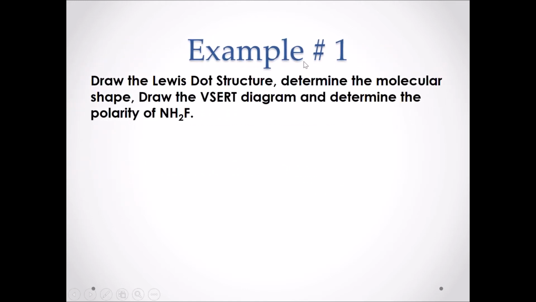Example number 1. Draw the Lewis dot structure, determine the molecular shape, draw the VSEPR diagram, and determine the polarity of NH2F. Pause the video and attempt this example. Most importantly, we have to draw a proper Lewis dot structure, which is represented here.